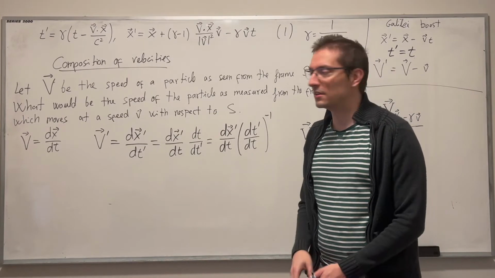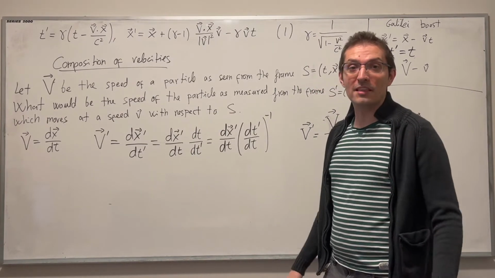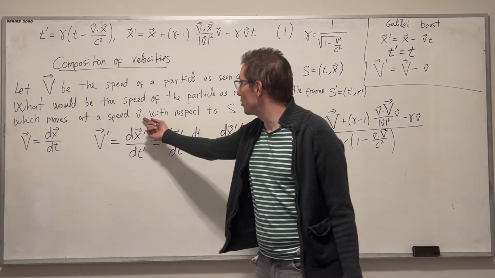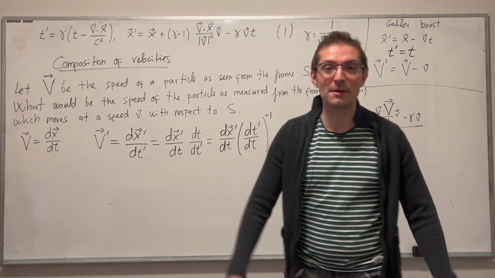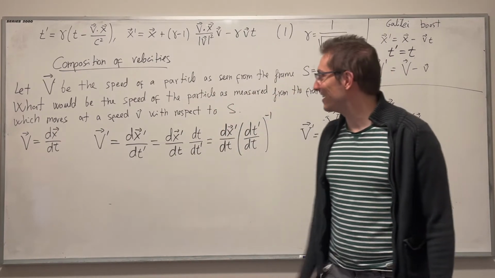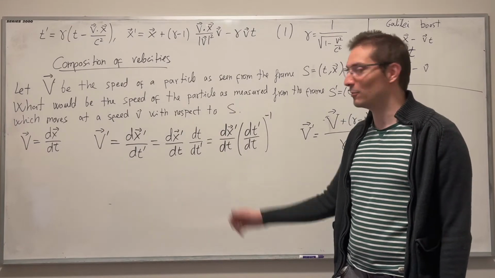To get the parallel one, you just take the dot product with the velocity and divide by the norm. And to get the perpendicular one, subtract the parallel component.